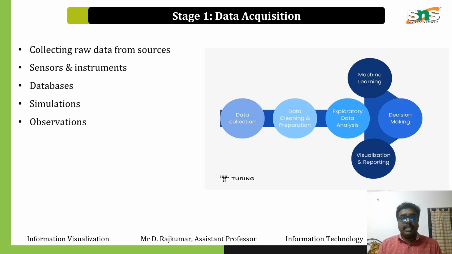So those data can be extracted, and there will be several observations like temperature or climate, or else in a very critical industry we'll be going through several readings from sensors or devices. So these are all the sources from which data can be collected for the information visualization process.